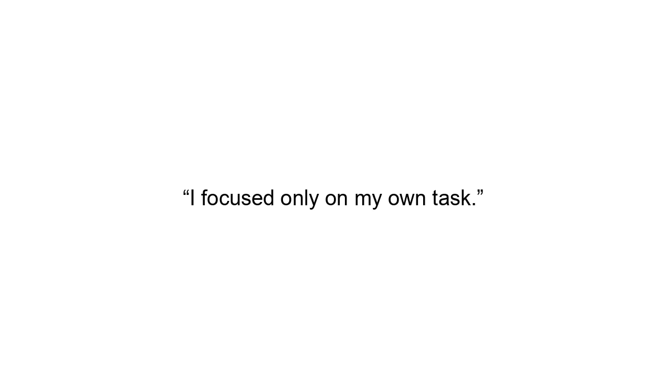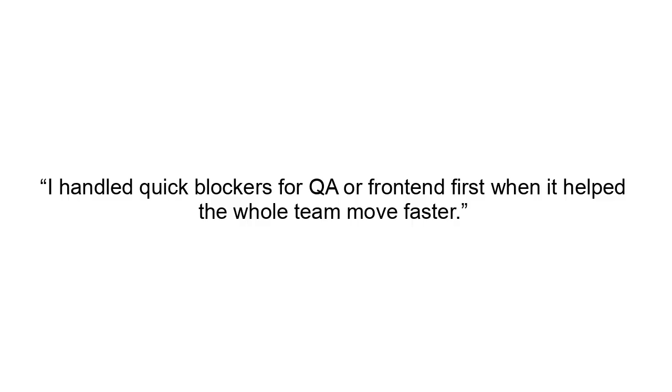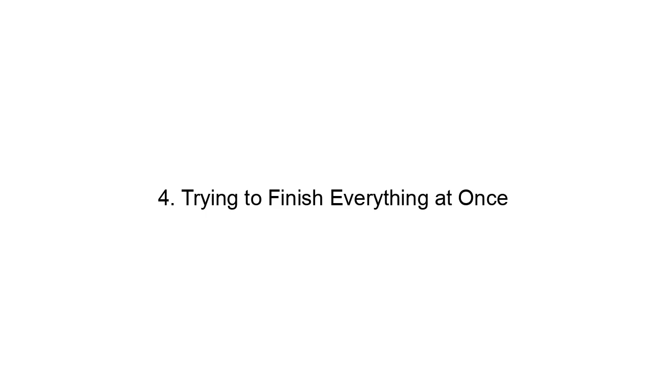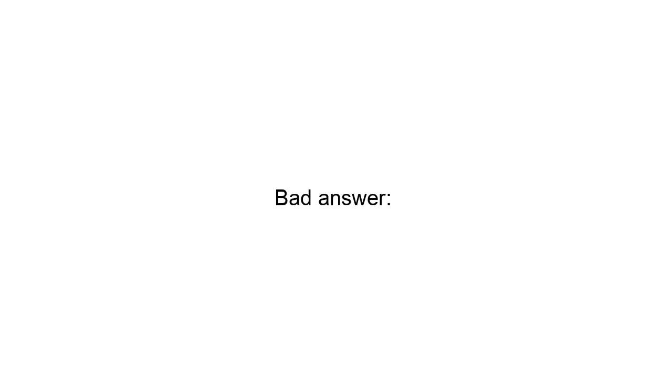3. Ignoring other people's blockers. Bad answer: I focused only on my own task. Better answer: I handled quick blockers for QA or front-end first when it helped the whole team move faster. 4. Trying to finish everything at once. Bad answer: I worked on all tasks at the same time.